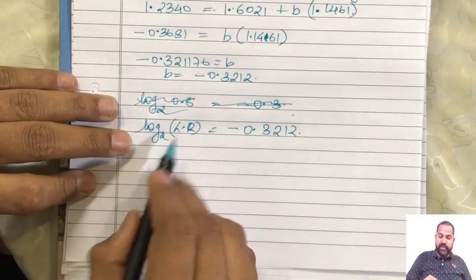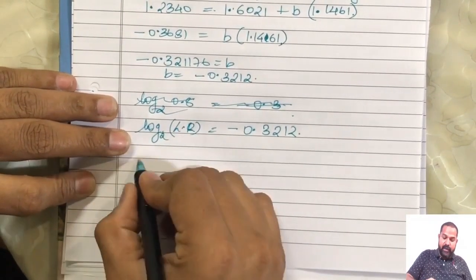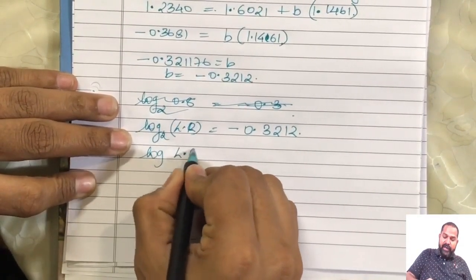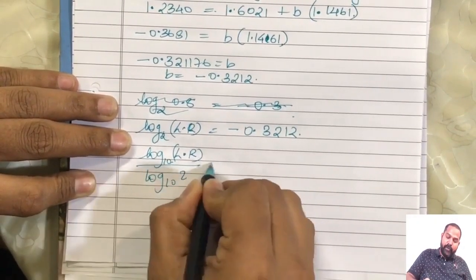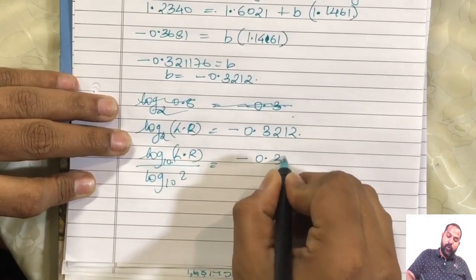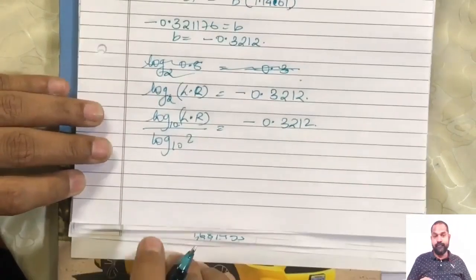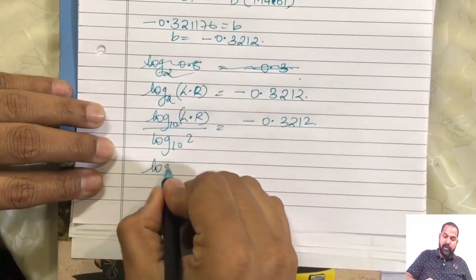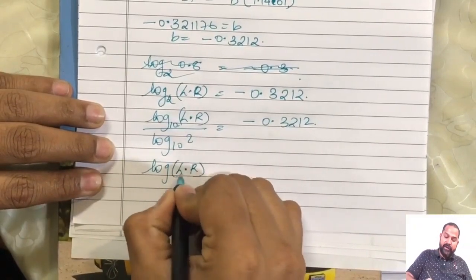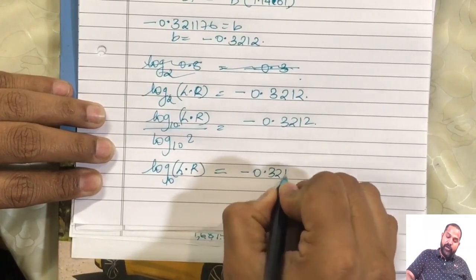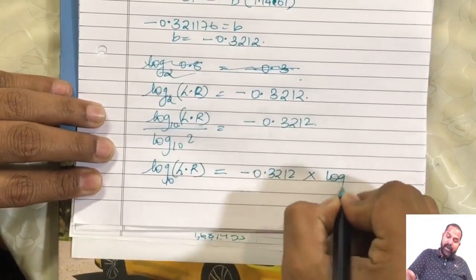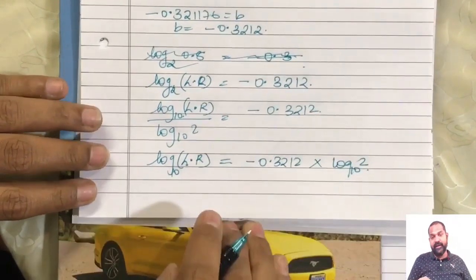What does the change of base theorem say? It says this will be log of learning rate to the base 10 divided by log of 2 to the base 10 is minus 0.3212.